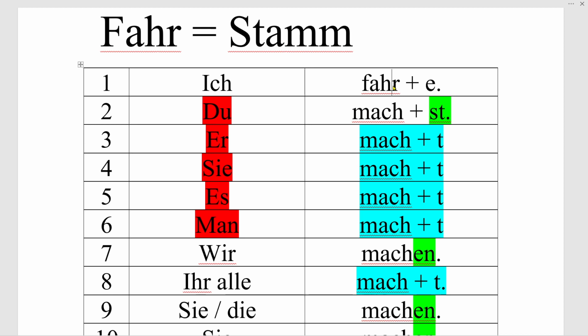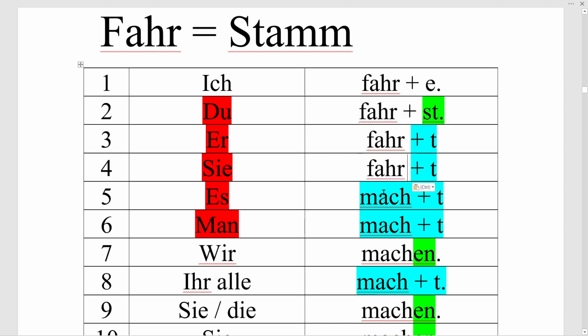Fahren. So here you say ich fahre, basically the same as machen, where we said ich mache. Now here we say du fahrst. Now I know that maybe you have previous knowledge and you think this is not correct. Well, you are right, but let's see how it unfolds in future.